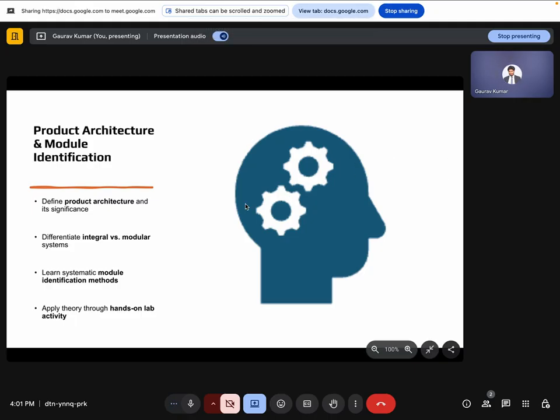So, product architecture and module identification. The concept of product architecture lies at the very foundation of product design and engineering. It provides a framework for how a product's functions are translated into physical components and how these components interact within the system.